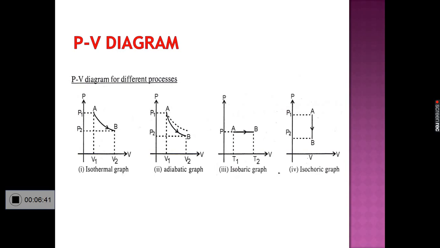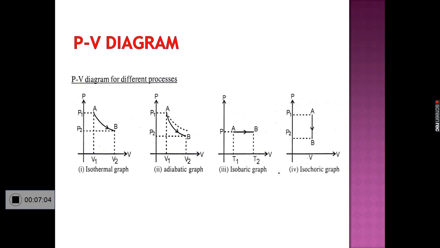And look at the third diagram. The process is isobaric, that is pressure remains constant. Therefore the graph is a straight line parallel to x-axis.